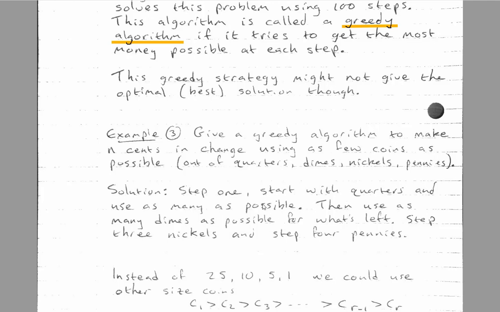We just use as many quarters as possible. Step 2: whatever's left, use as many dimes as possible. Step 3, the nickels, and step 4, the pennies to finish making the change.